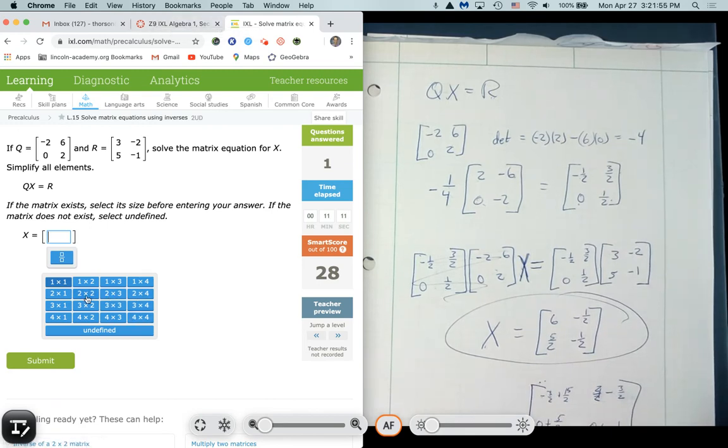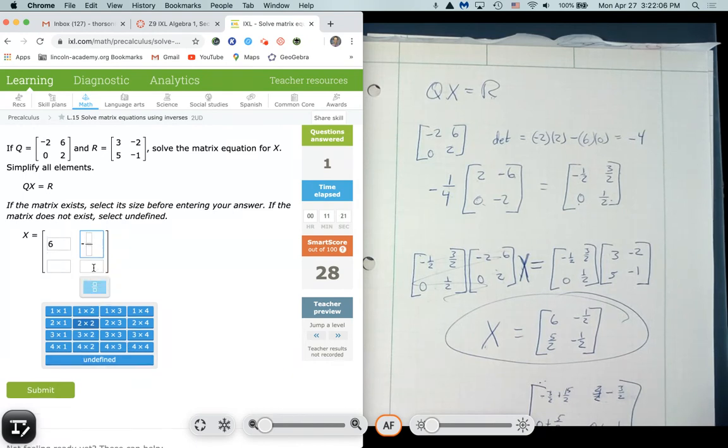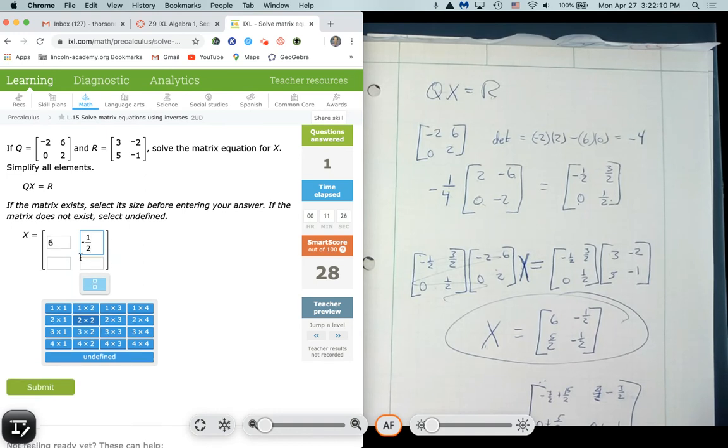So I come over here, hit the 2 by 2. My first number was a solid whole number 6. The second one was a fraction of negative 1/2. The third one was also a fraction of 5/2.